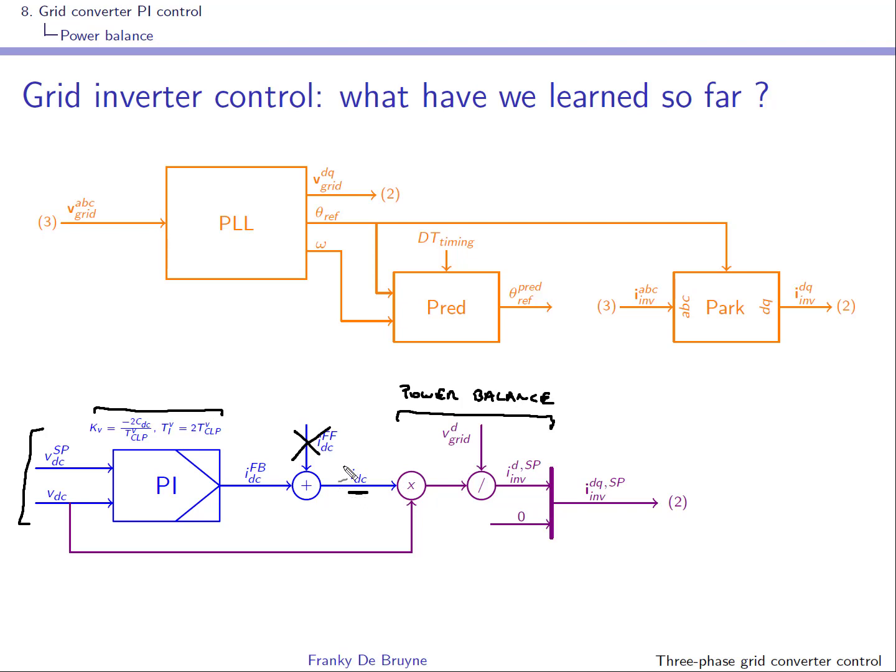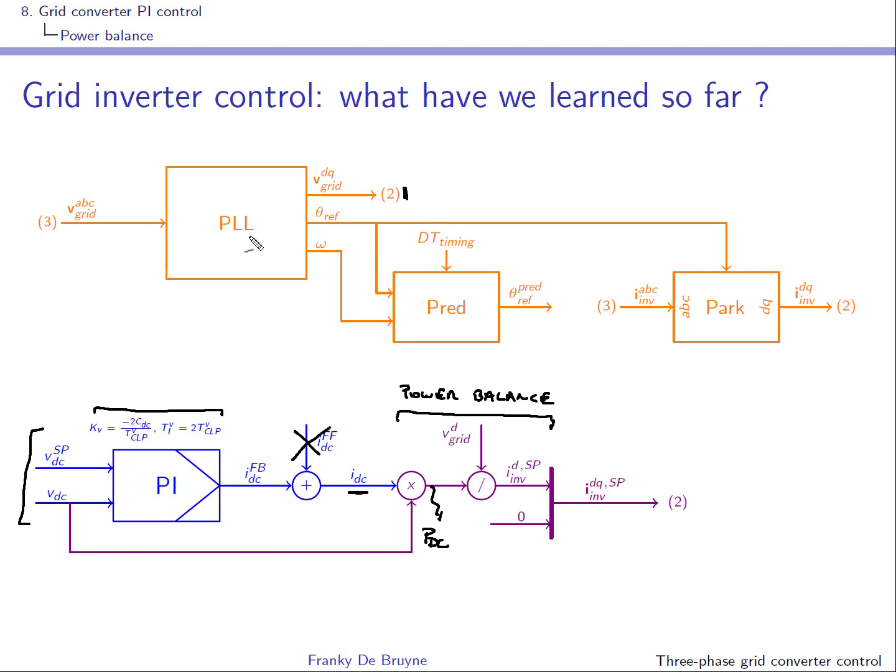You take your DC current, multiply by the DC voltage, so you have the DC power, and you can construct the D component of your inverter current by dividing by the D component of the grid voltage.